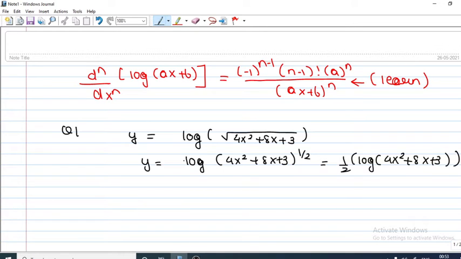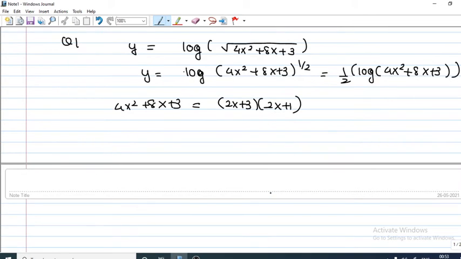Can we do any further changes in it? 4x square plus 8x plus 3 is a quadratic expression, and we can break it down into 2x plus 3 and 2x plus 1. So let's substitute this value in this expression.